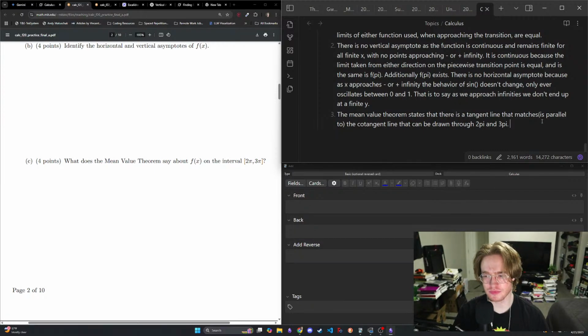This is the case because the function meets the following criteria.